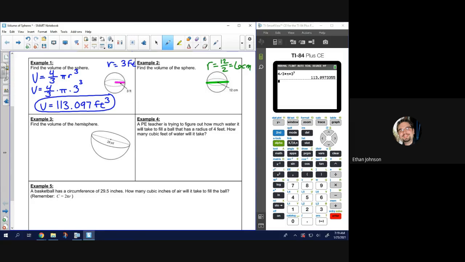So I'm going to use the same formula. V equals 4/3 pi r cubed. So V equals 4/3 times our pi times 6 cubed.